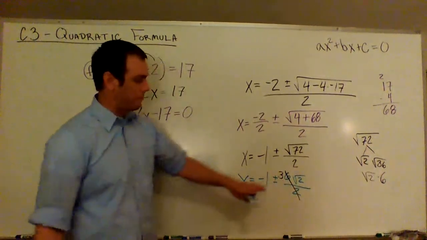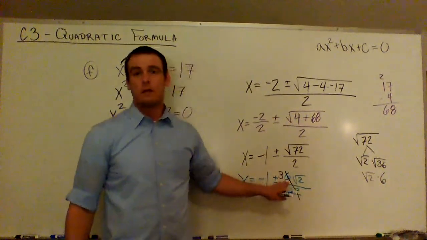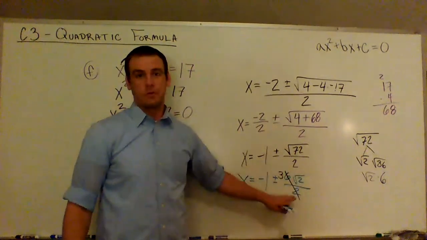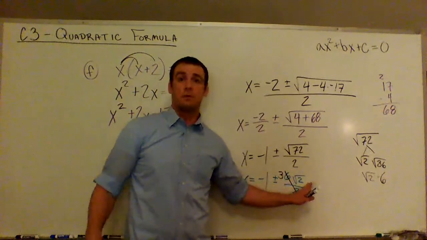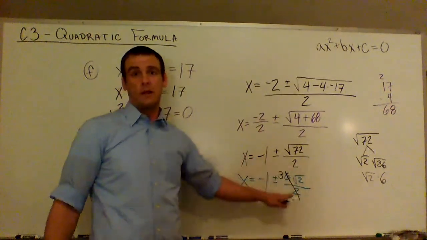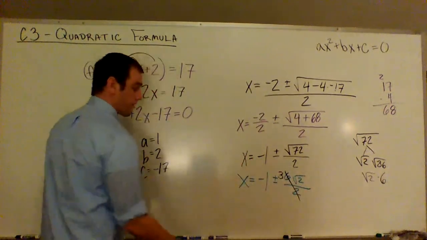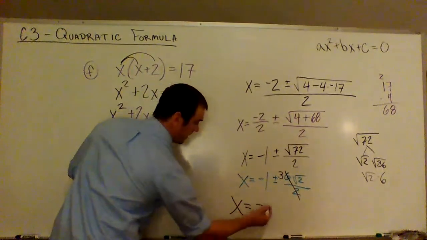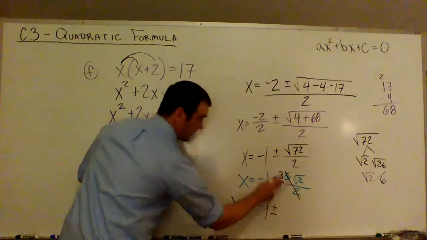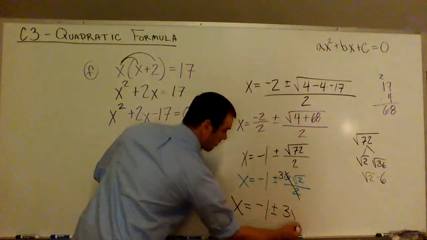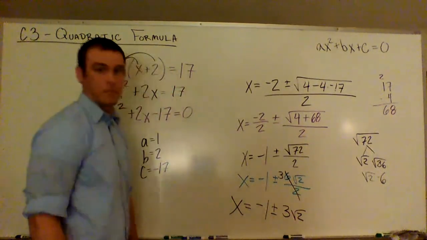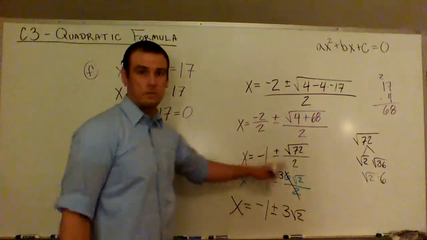You can only reduce things if they're not inside square roots. So you couldn't reduce the 2 and the 2 because the 2 is in the square root. This one's not. Anyways, we get an answer of x equals negative 1 plus or minus 3 square roots of 2 then.